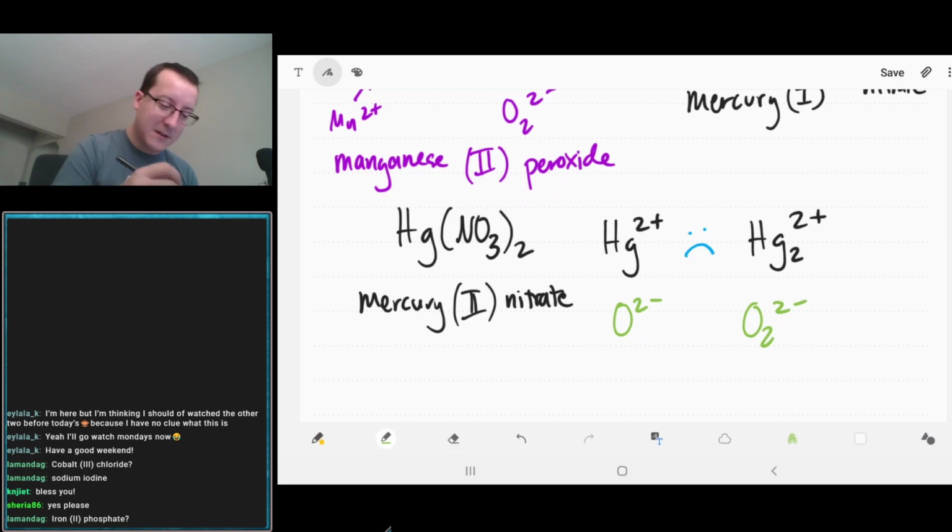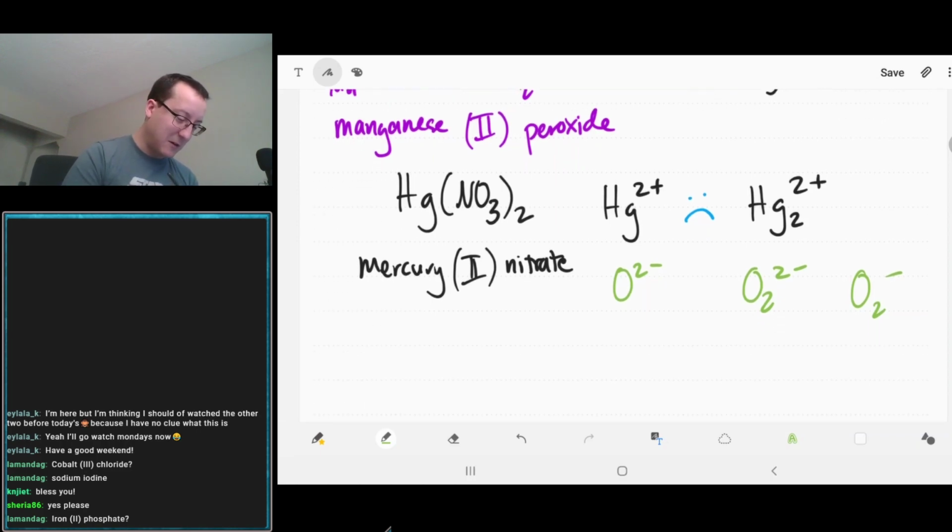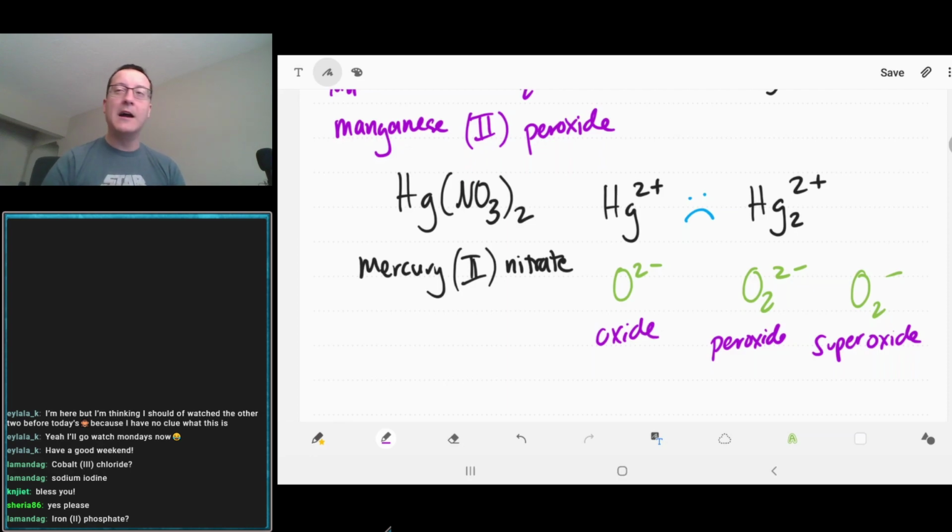You don't need to know this, but I'll tell you it also has a third one, which is just awful. And this one is called superoxide. This one is peroxide, and this one is just regular oxide, right? So superoxide exists too.